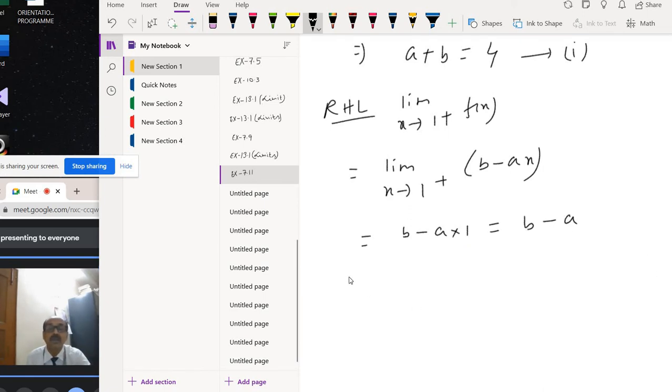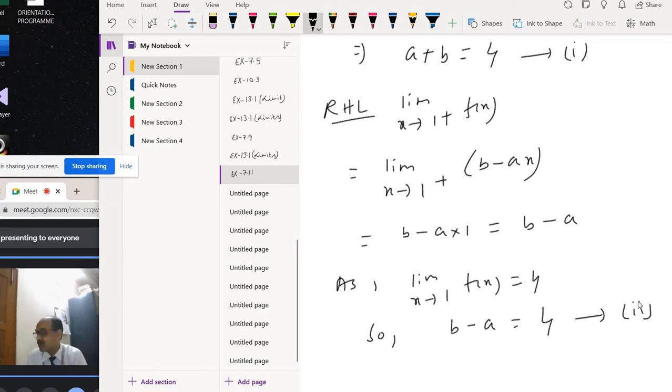So b minus a is also equal to 4, as limit x tends to 1 f(x) equal to 4. So b minus a equal to 4, equation number 2.